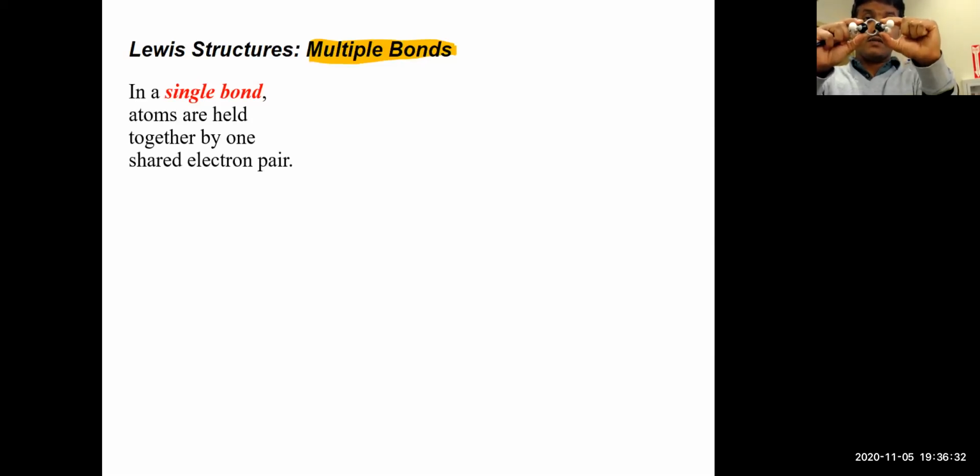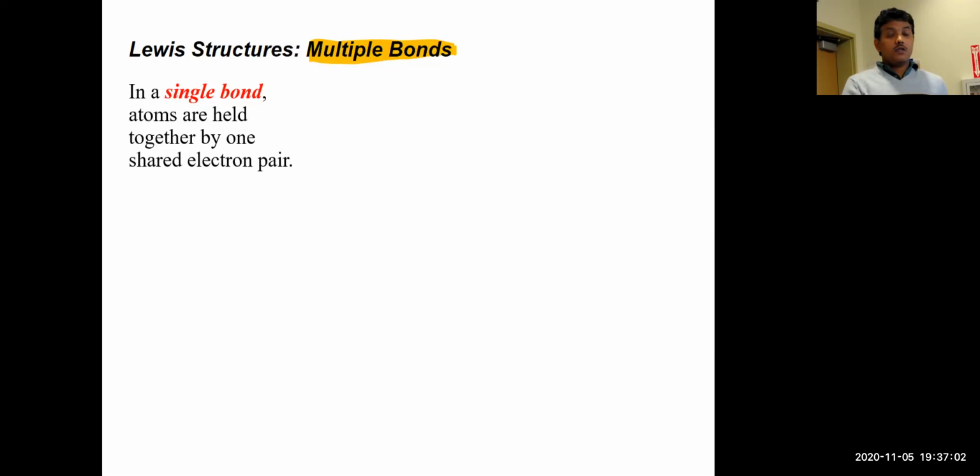Imagine this is a carbon, this is another carbon. These 2 carbons are having multiple bonds between them because they shared their electrons twice. Carbon first decides to make 1 bond by sharing 1 electron each, and then it decides to share 1 more electron each. That is how we have a double bond. And also you can have a triple bond as well. I just don't have a model for it, but you see 1 more bond between atoms.